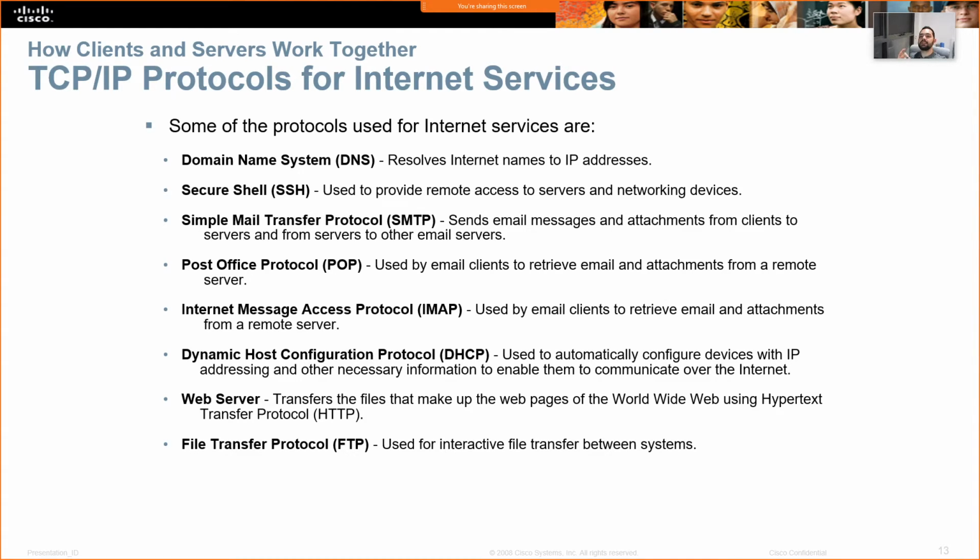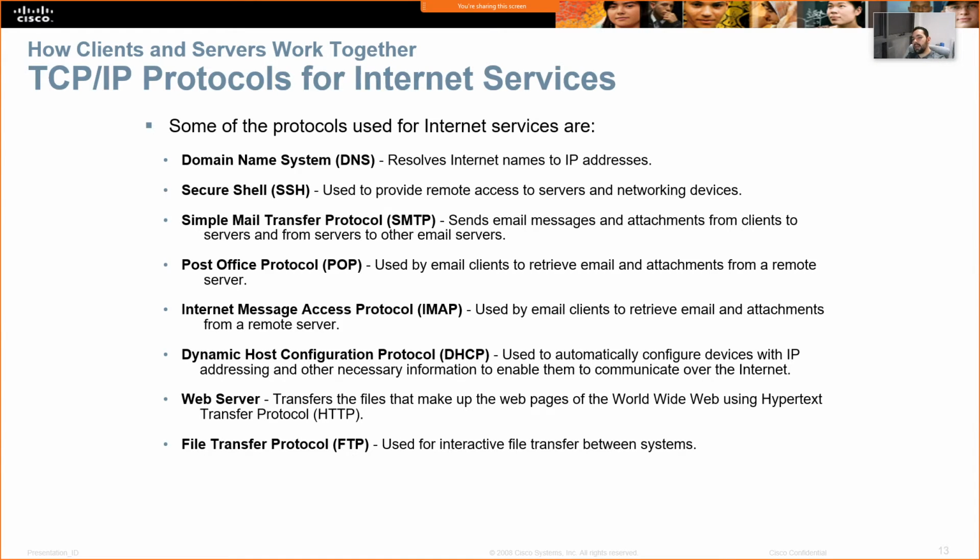DNS is just basically going to translate a known name, a name that you can read, to an IP address. So when you type into your browser www.google.com, you don't know the IP address, but you can reach the Google server because DNS is going to kick in and it's going to find out the IP address for you. How easy is that?